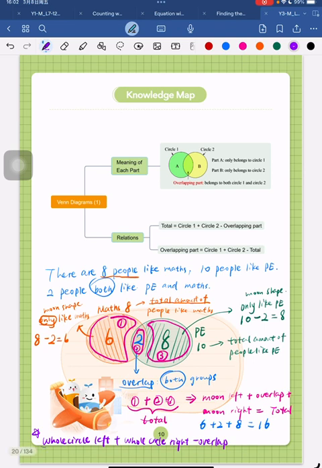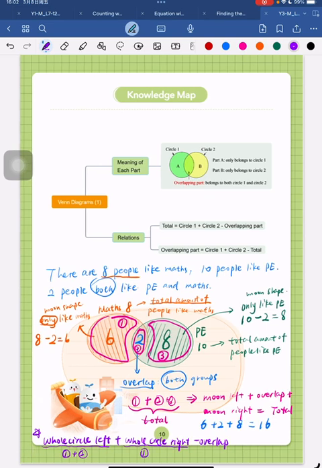Let's take a look at the whole circle on the left. That is part 1, the moon shape, plus part 2. And the whole circle on the right will be part 2, the overlap, plus part 3. If we add up these two together, you will find we got part 1 plus part 2 plus part 2 plus part 3.